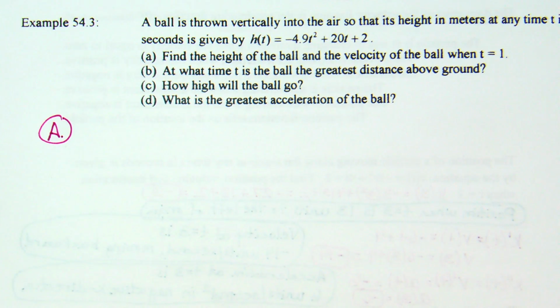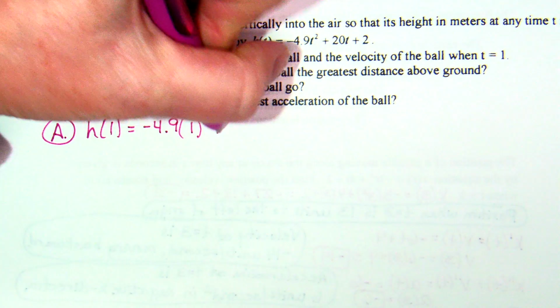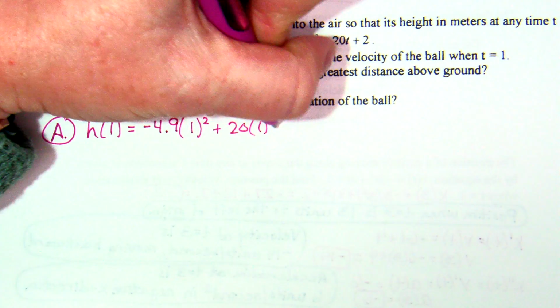Thoughts of where to go? Okay, the height of the ball when t equals 1, which means we need to find h of 1. h of 1 is negative 4.9 times 1 squared plus 20 times 1 plus 2.